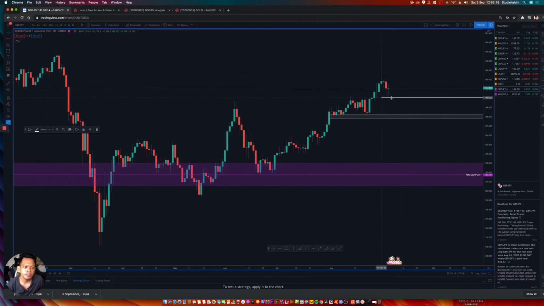Now what can potentially happen here? You can see that the day finished off at 140123. It can create a support here to go up.